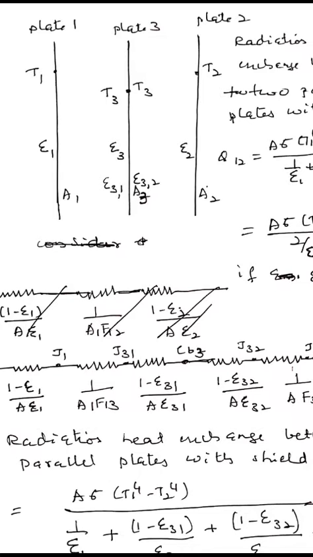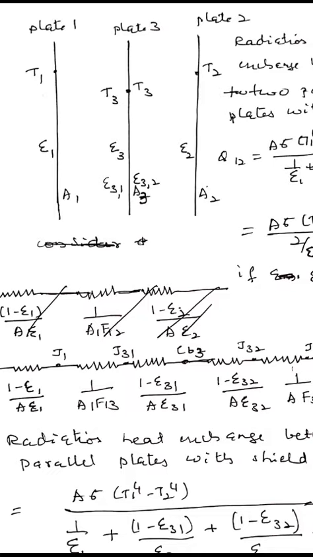Surface resistance of plate 2 is (1 minus epsilon 2) by epsilon 2 A2, and surface resistance of plate 3 exposed to plate 1 is (1 minus epsilon 31) divided by epsilon 31 A1, and for the surface exposed to plate 2, it is (1 minus epsilon 32) divided by epsilon 32 A.